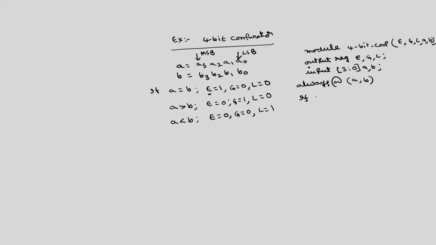If A is greater than B, then E is equal to 0, L is equal to 0, G is equal to 1, and last semicolon.